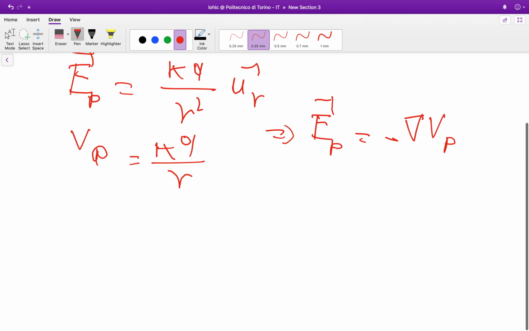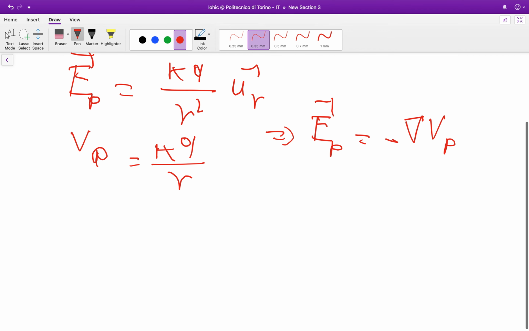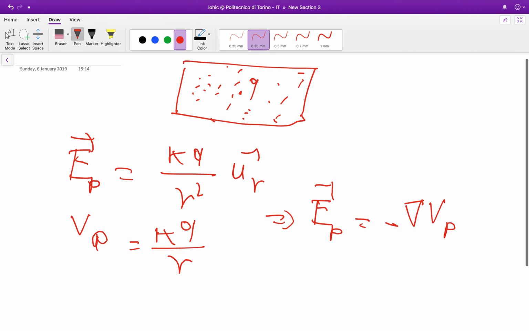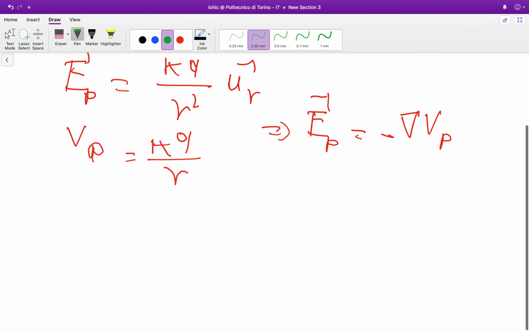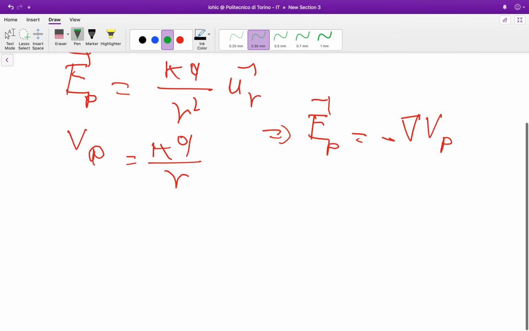Then we say that if you put another charge Q1, this charge Q1 will experience some force. That force will be equal to Q1 multiplied by the field at the point where we put Q1.